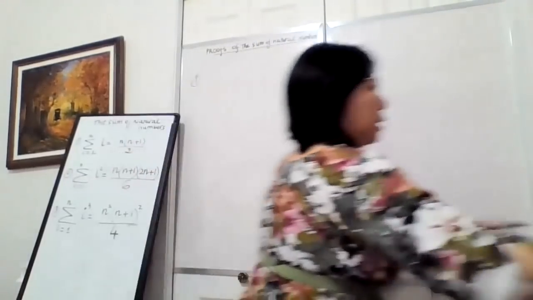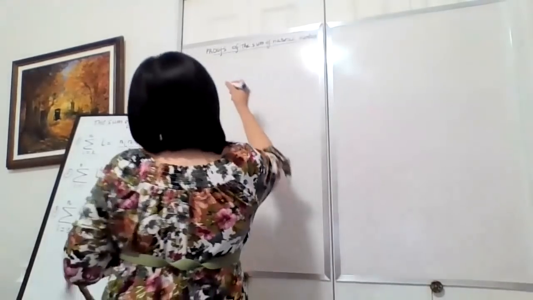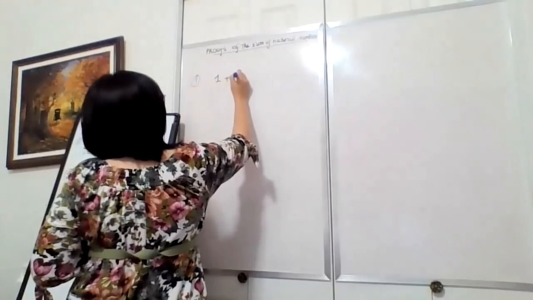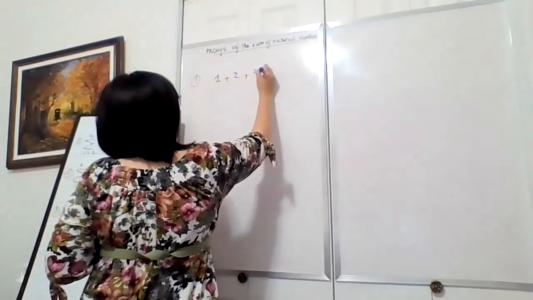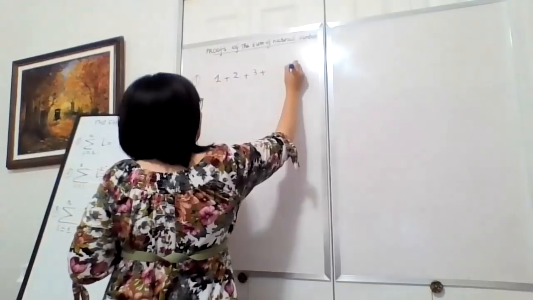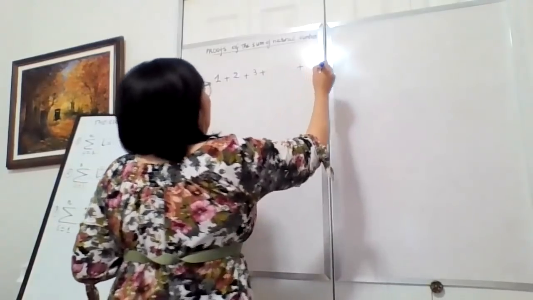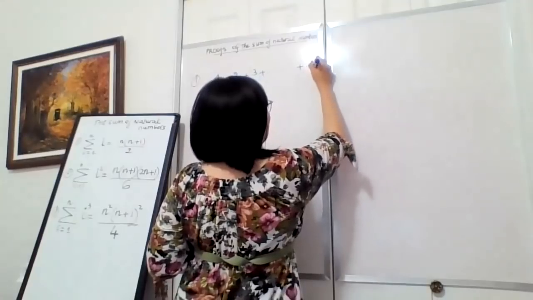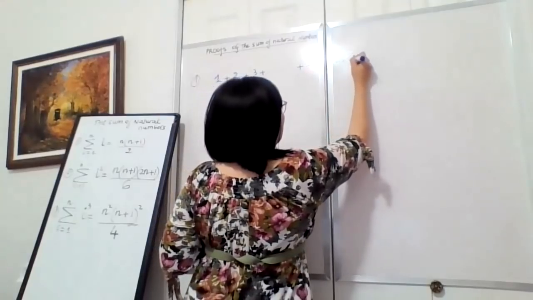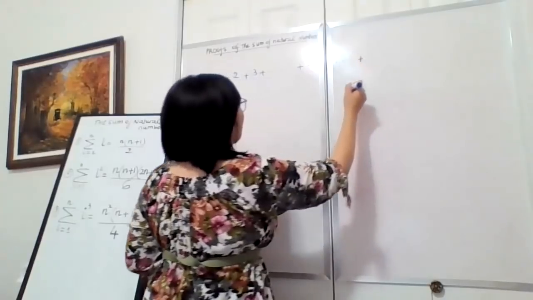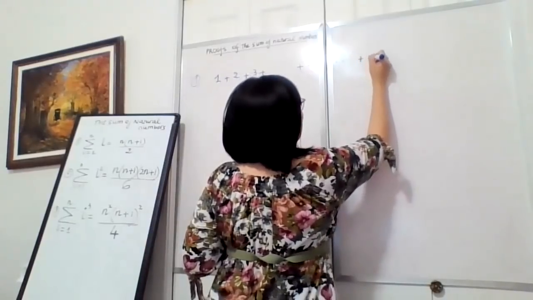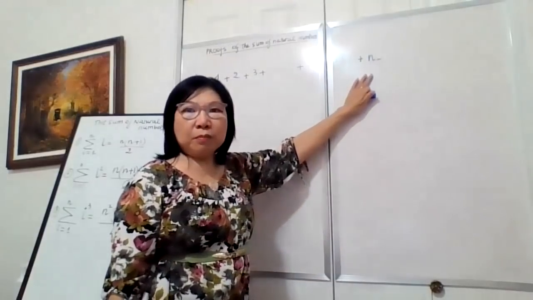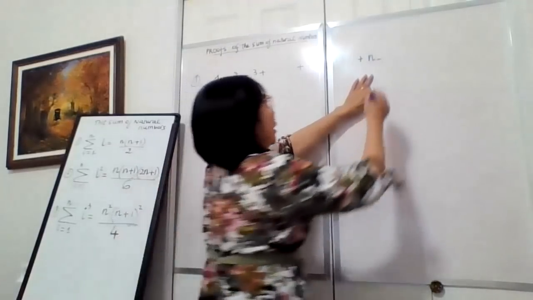Let's say I add number 1, add 2, add 3, add, of course, 4, and so on, until I hit the one previous term before the last term.